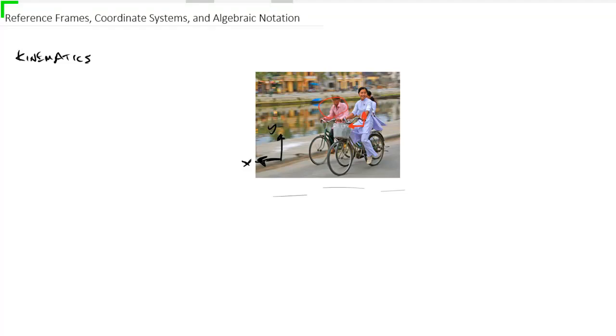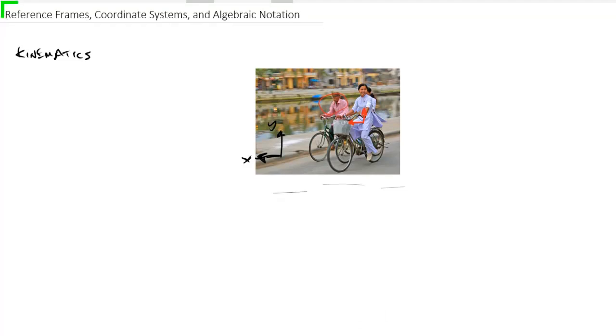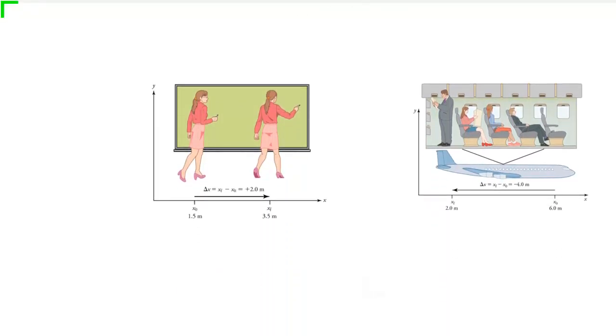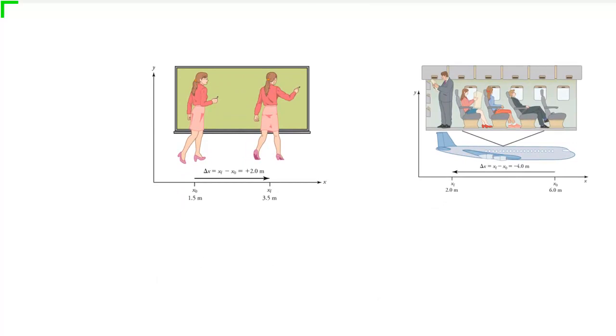Once we've defined our coordinate system, we can talk about motion within it. So here, in this figure on the left, we have a traditionally defined coordinate system with a positive x going to the right and a positive y going upwards.